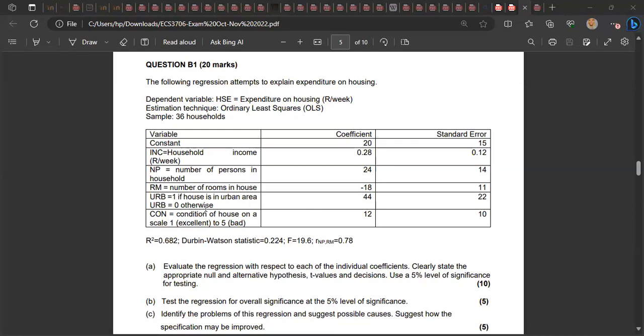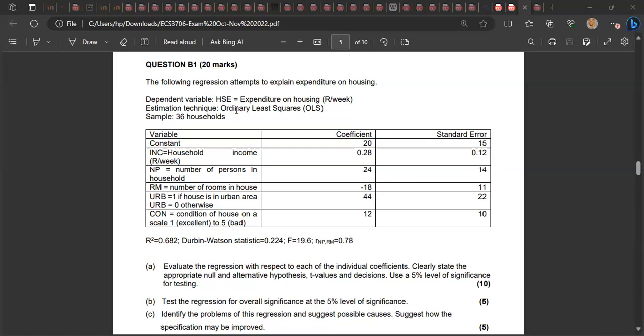So this would be an example of a qualitative variable. Okay, and then CON representing the condition of the house on a scale between 1 and 5. So 1 being excellent and then 5 being very bad.